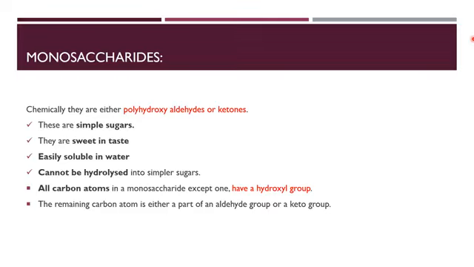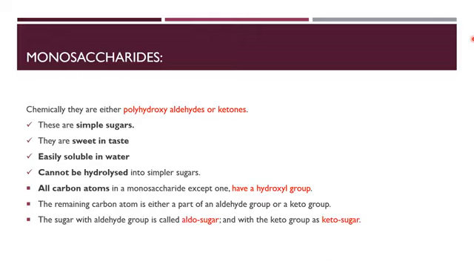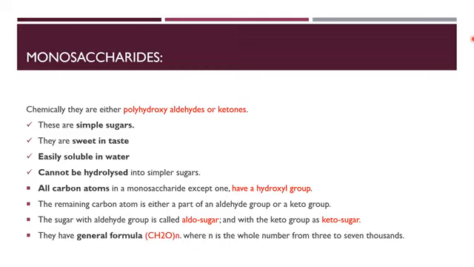So the sugar with the aldehyde group is known as an aldo sugar, and the sugar with the keto group is known as a keto sugar. The general formula of monosaccharides is (CH2O)n.